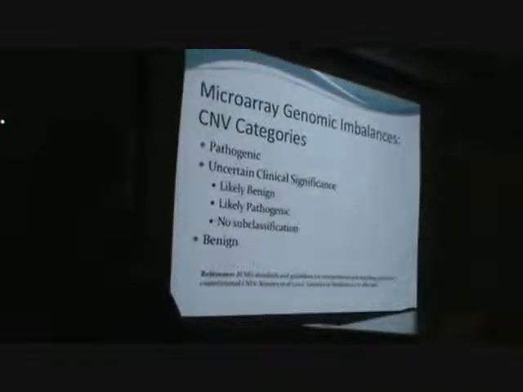The uncertain are broken down into 3 more categories: likely benign, likely pathogenic, or we just don't know. Often these CNVs of uncertain clinical significance are 400 kb or greater. That's our promise to report. We're promising to report CNVs of 400 kb or more, and so we're using this classification for our CNVs.